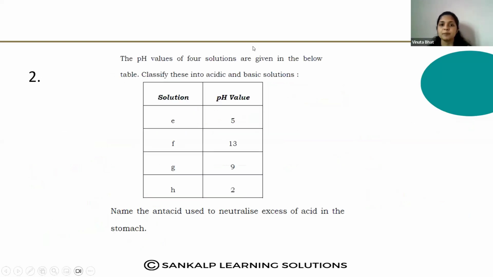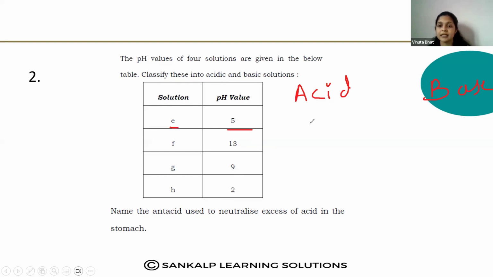Next question. The pH values of 4 solutions are given below. Classify them into acidic and basic solutions. Here solutions E, F, G, H have pH values 5, 13, 9, 2. Name the antacid used to neutralize the excess of acid in the stomach. Which are acids?